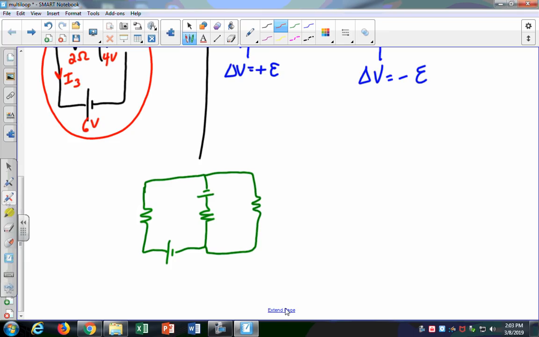So I would tell you, for example, that the current here, I2, is equal to 2 amps. I just tell you what it is straight up. And then if you know one of those currents, then the equations are easier to solve because you only have 2 unknowns instead of 3 unknowns.